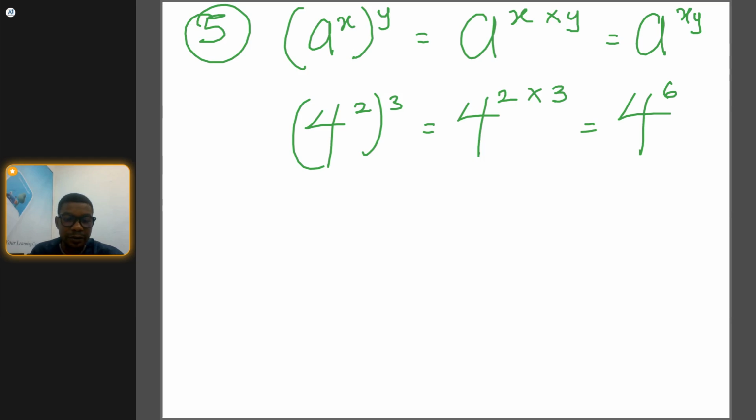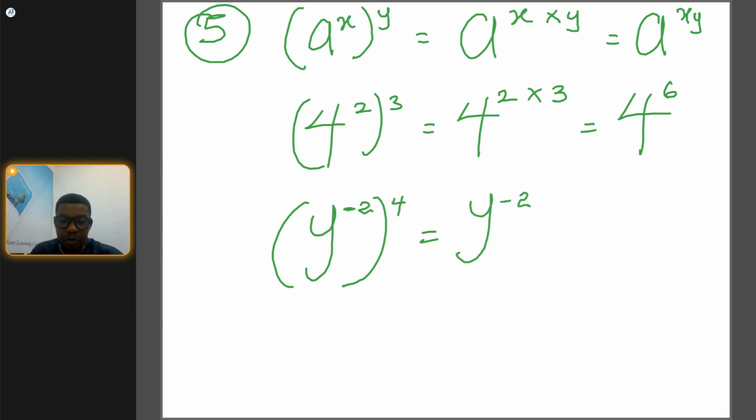What about if I have y raised to power minus 2, open and close the bracket, raised to power 4? The same law again. We have y raised to power minus 2 times 4. That will be y raised to power minus 8.